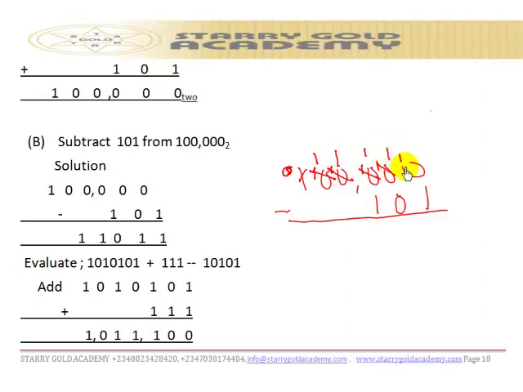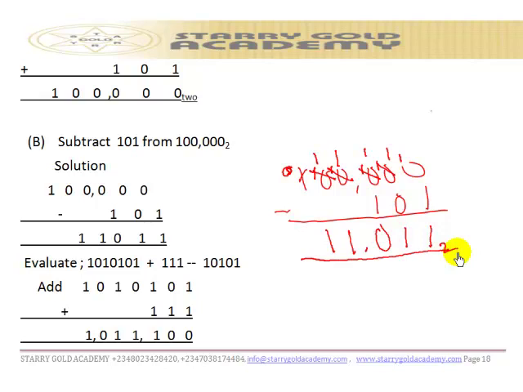So you have 10 minus 1, that's 1. 1 minus 0 is 1. 1 minus 1 is 0. So this is how to subtract in base 2.